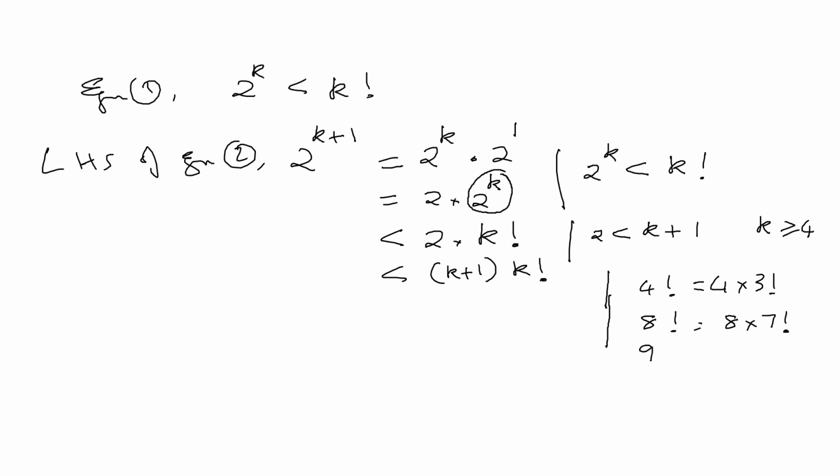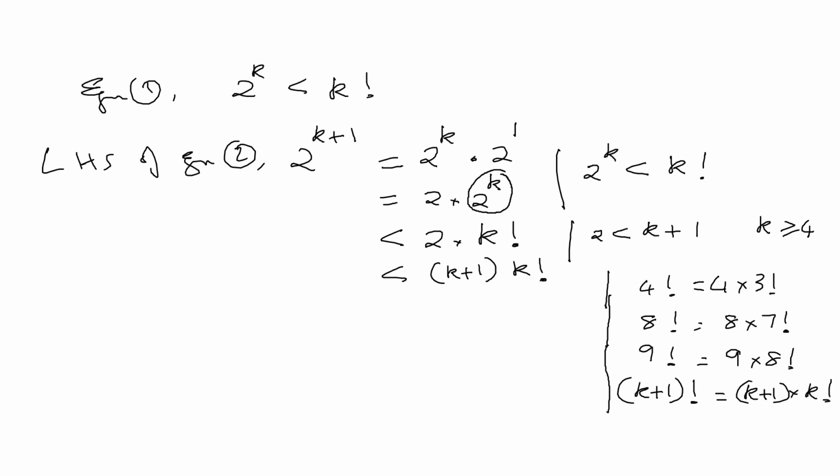So what is 9 factorial? 9 factorial is 9 into 8 factorial. So likewise, if you go on doing it, can you tell me what is k plus 1 factorial? k plus 1 factorial is k plus 1 into k factorial, correct?